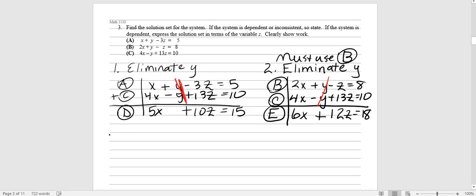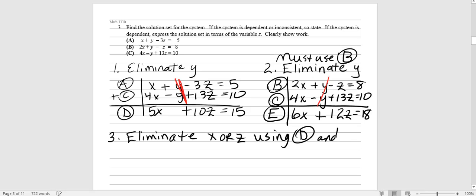So in my third step, I'm going to choose to eliminate either x or z, and I'm going to be using D and E to make this happen.